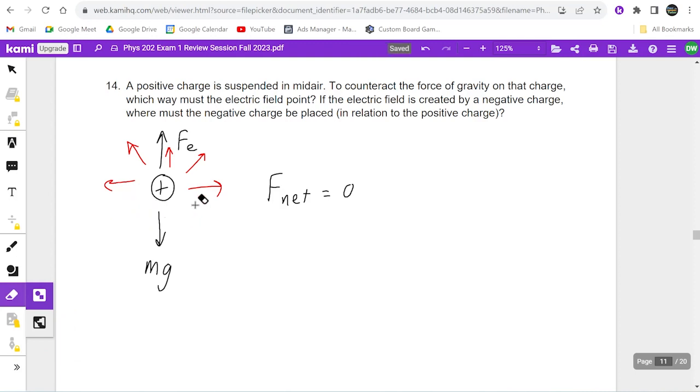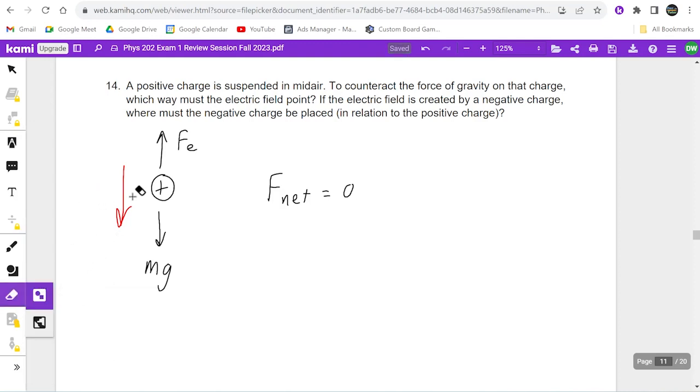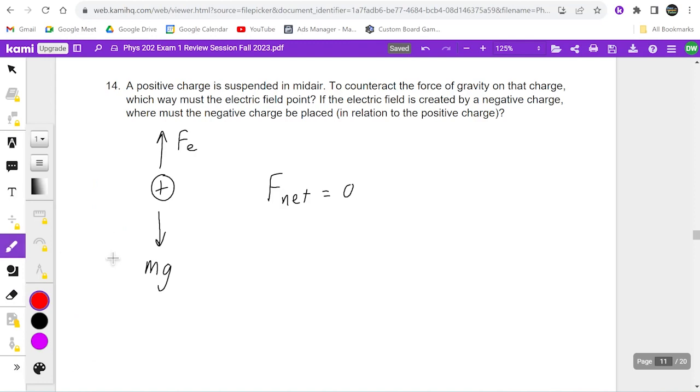So let me erase these lines. They're all wrong. What I'm saying is there is an external electric field that's causing an electric force pointing upwards. And that field can either point up, down, left, right, even a diagonal. But I think the only two logical answers, it either points up or it points down. And to answer the question of whether the electric field points up or down, I remind you that electric field, obviously it points away from positive and towards negative.